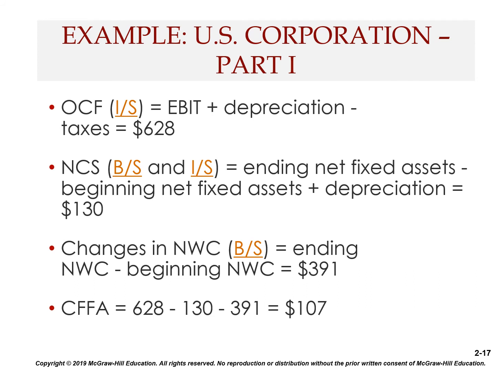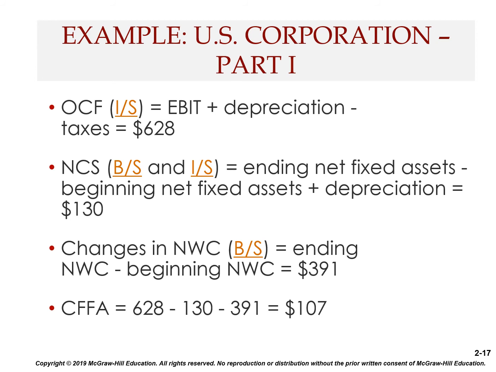We take earnings before interest and taxes off of our income statement, which is 694. Don't subtract interest, but subtract taxes, 131. We add back depreciation. We're trying to figure out cash flow, and on our income statement, the one item that has nothing to do with cash, and should be added back rather than subtracted, is depreciation.